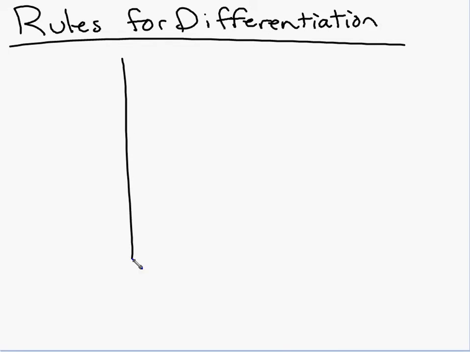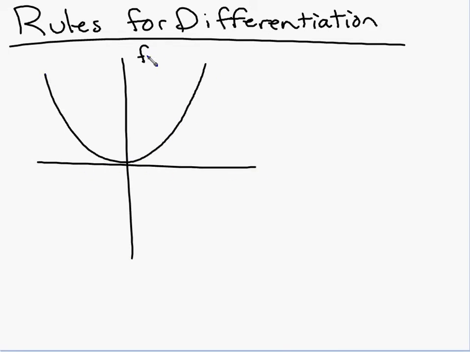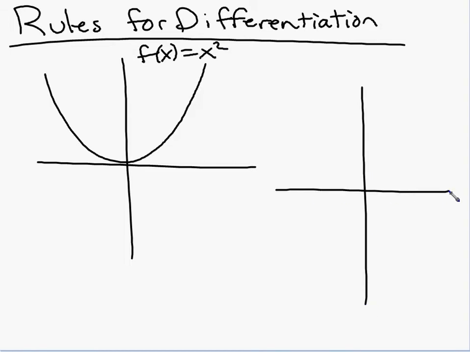We talked about, I'm just going to start with this one, the function x squared. And we talked about the relationship between the graph of the function and the graph of its derivative. We said that all of the slopes of the tangent line when x is greater than 0 are positive.